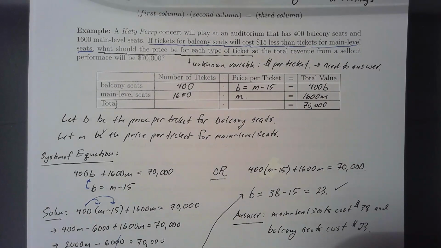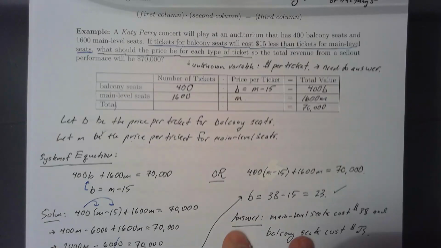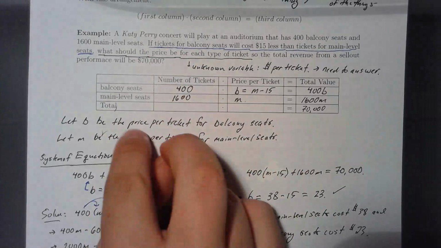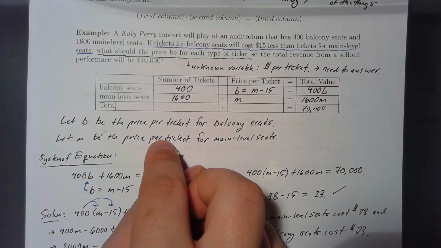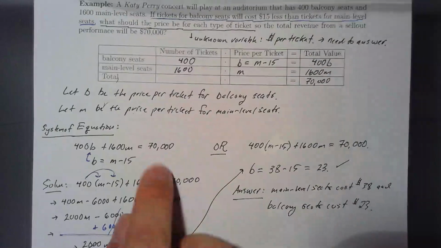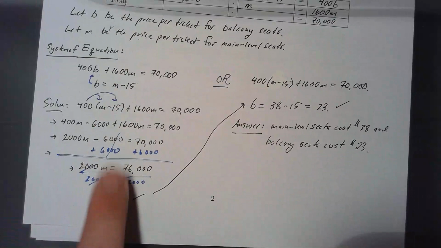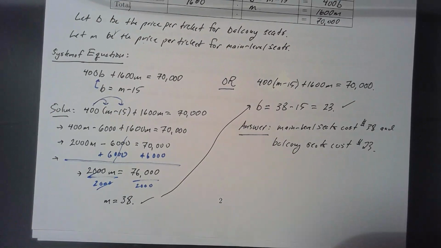Alright, so that's all these kinds of problems. They have a very similar structure. Figure out the unknown, identify the unknown, give it a variable, fill in your table, derive your system or your single equation, solve that system, answer the question.